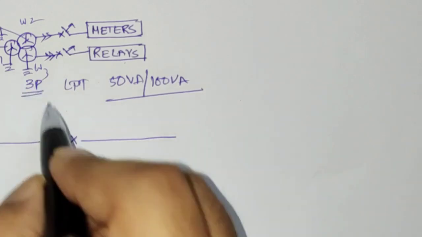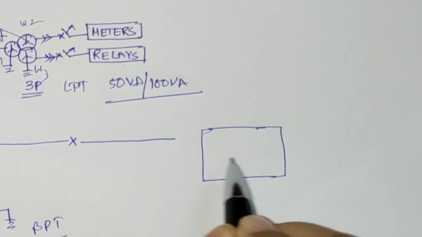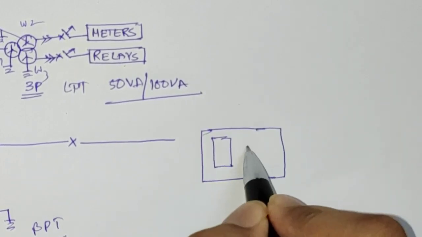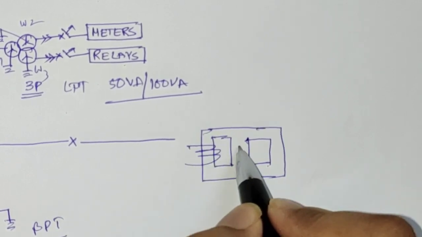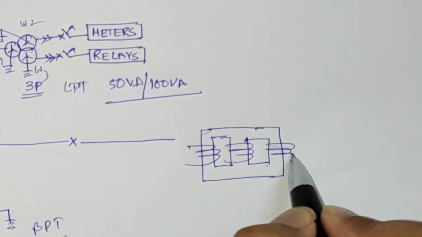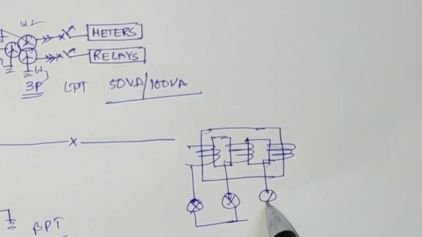Now why? Suppose you take a 3-phase transformer core. I am drawing a core type transformer. Here is your R winding, this is Y winding, and this is B winding. Suppose you have connected an indication lamp here, and another indication lamp here.